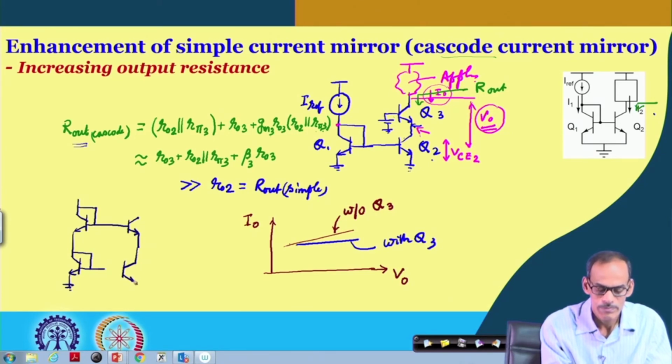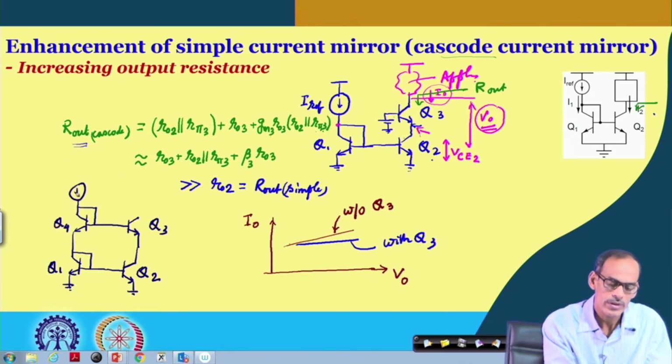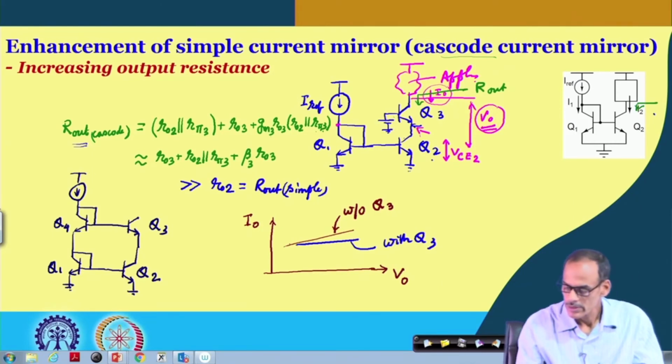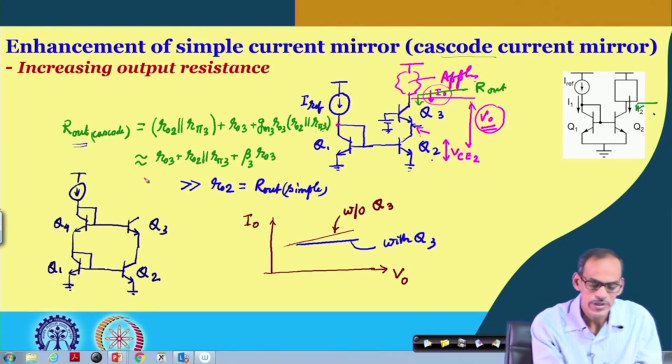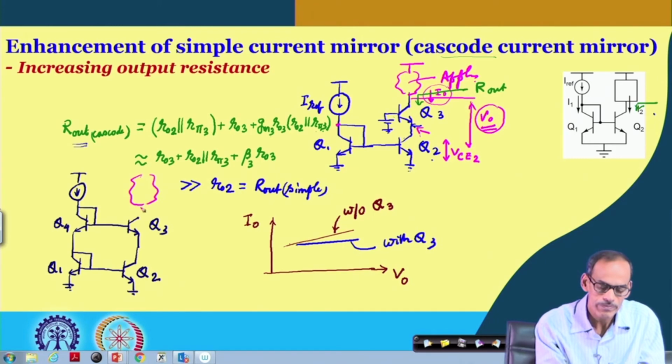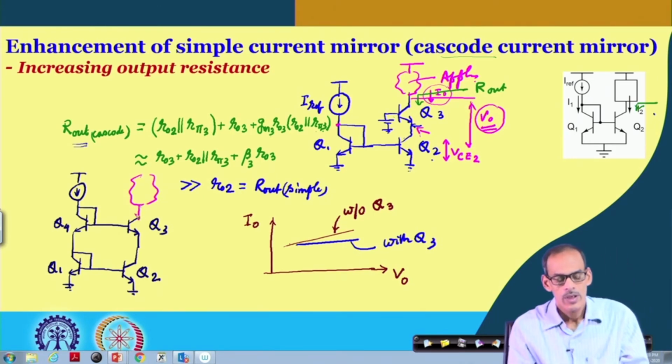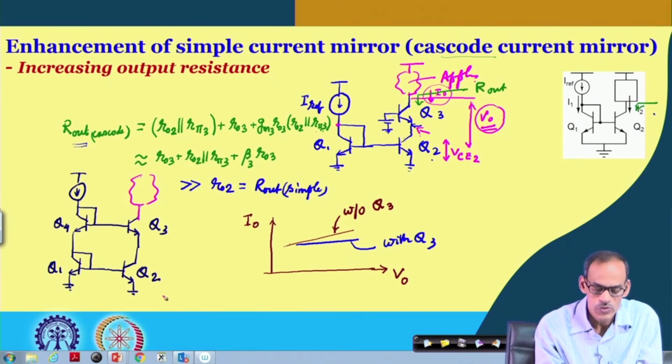Then we have the reference current here, and of course we have the application circuit here. Now, this is, I should say, the more practical circuit.